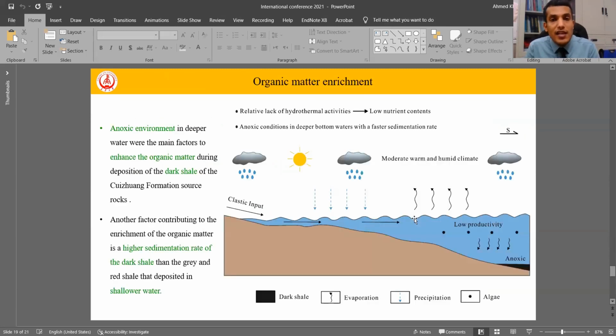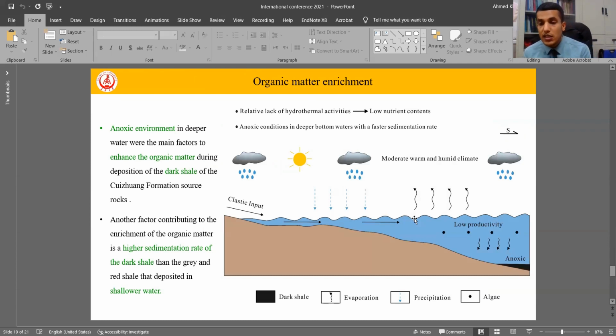Now we can estimate the accumulation model of the Yuncheng Formation source rock. As we see here, anoxic redox conditions and a faster sedimentation rate contributed to the enrichment of the organic matter of the dark shale.